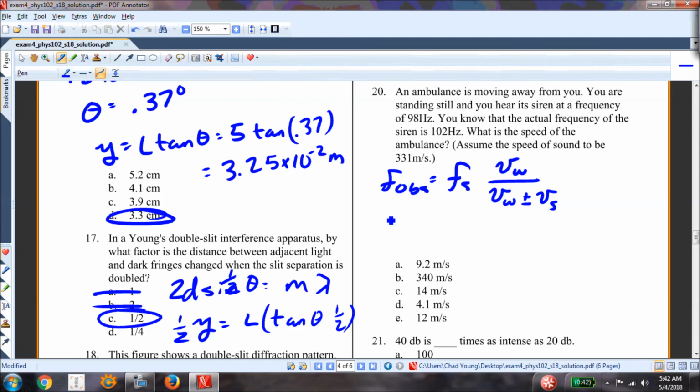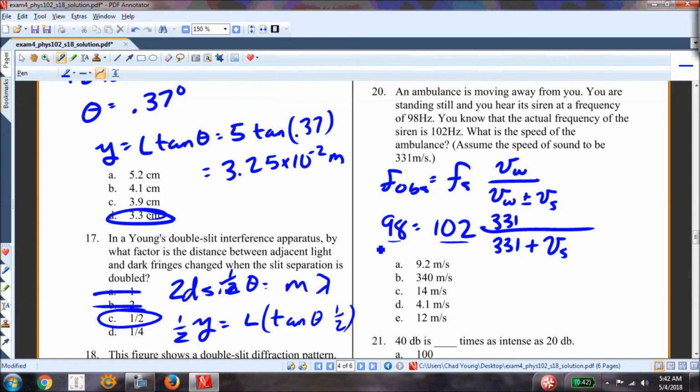So my observed frequency is 98 equals 102 times 331 divided by 331 plus or minus. Well, it should be plus because this number is bigger than that number, and so I need that denominator to be bigger.